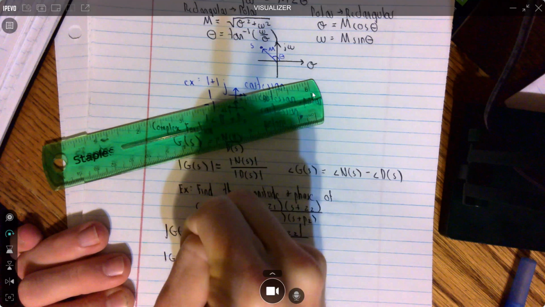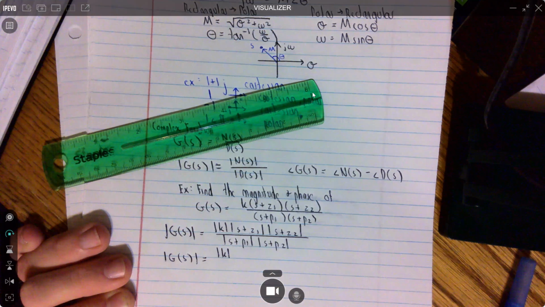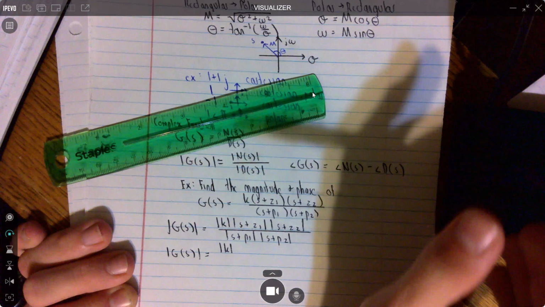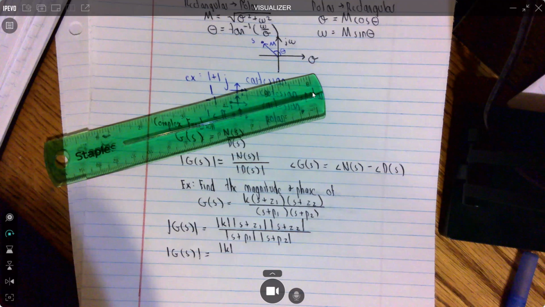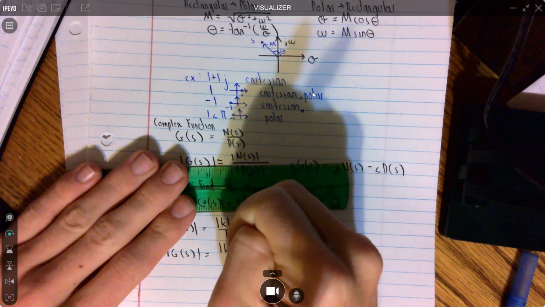And then a lot of times they'll say find the magnitude and phase, and usually it's the frequency response. We'll get into this later where they just assume s is equal to j omega, but here we'll just do the real part squared plus the imaginary part squared.